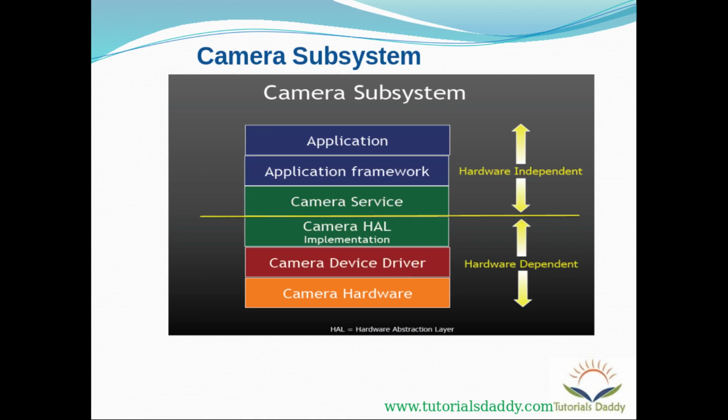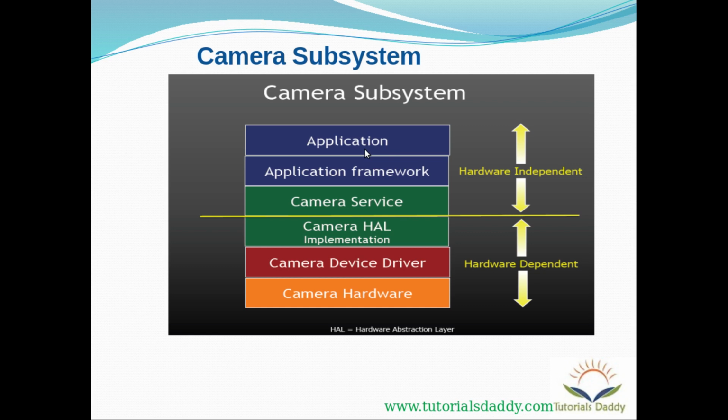Now this slide is more about the camera subsystem. As we talked about, we have the application on top of the Android architecture, then the Android application framework, and then the camera service layer.